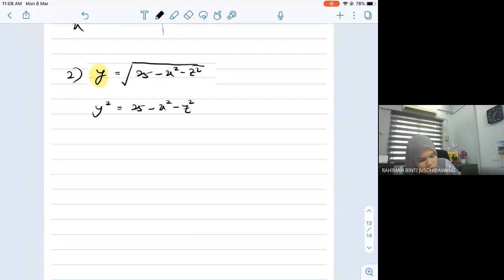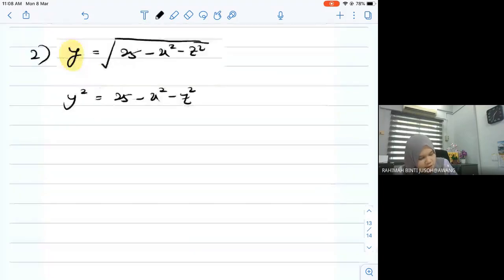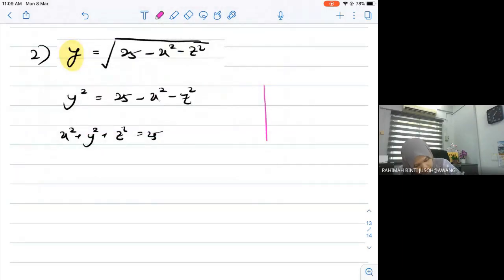Okay, so bila you dah square both sides, you will get something like this. After that, you have to rearrange all the variables to the left-hand side. So we will have x squared plus y squared plus z squared equals to 25. So we know that this is a sphere with radius 5. Okay, a sphere with radius 5.